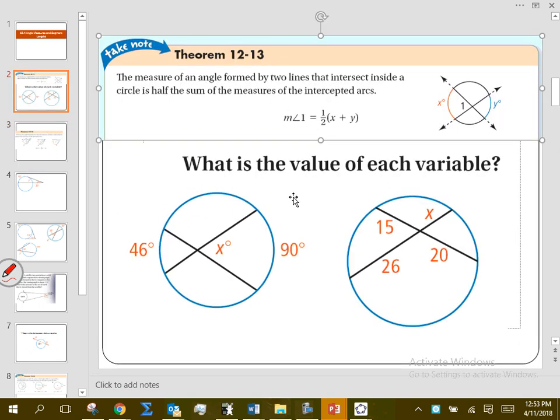It's that theorem right there that says the measure of angle 1 inside there, which could actually be a central angle. If it is a central angle, this formula still works, but usually we have a better relationship for a central angle. That angle 1 is equal to half the sum of the two arcs that are intercepted by those chords. Are those two formulas something we can manage and deal with?